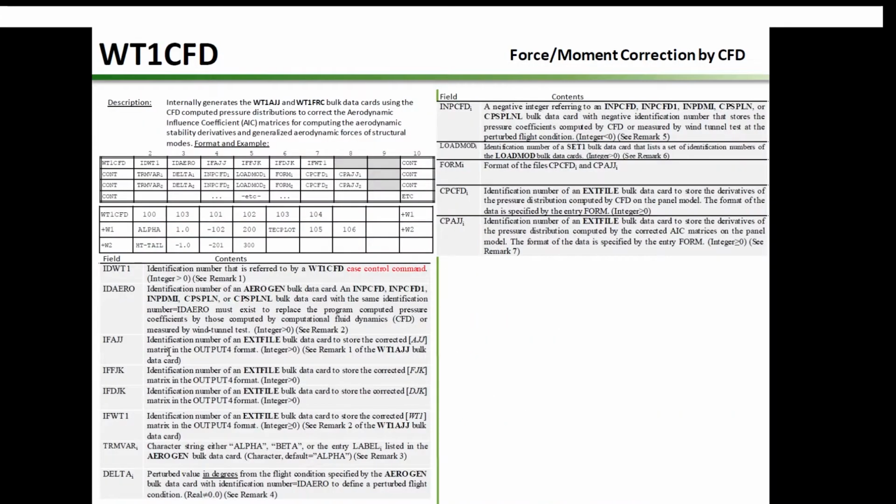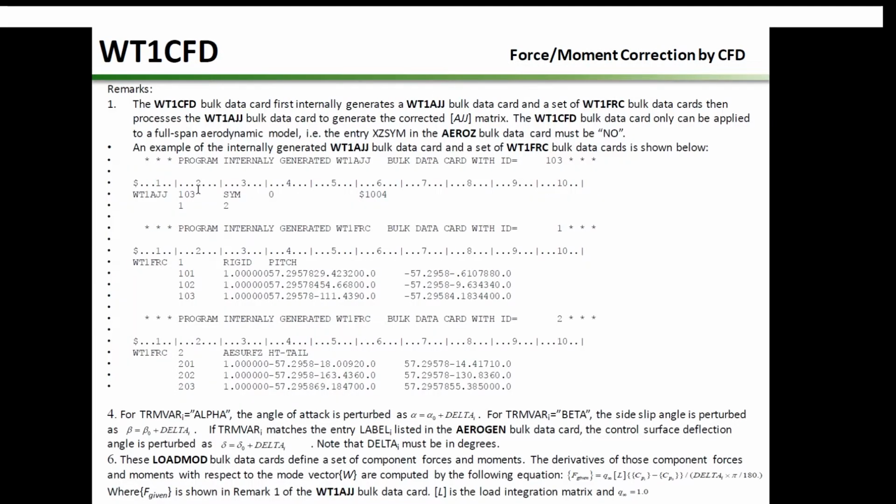For example, if I have a pitch mode, it generates 3 sets of component loads. For example, this is wing bending moment, wing shear, wing torque, and also I have a horizontal tail deflection angle.